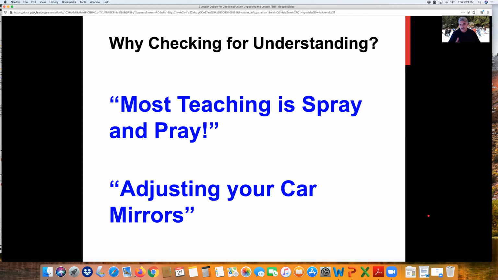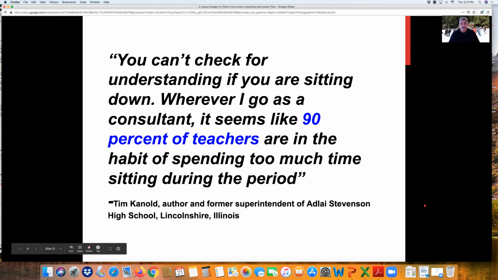It's kind of like adjusting your car mirrors. You're constantly doing it, looking back, moving it, being on task and on target with what you're doing. This saying by this superintendent: you can't check for understanding if you are sitting down. Wherever I go as a consultant, it seems like 90% of teachers are in the habit of spending too much time sitting during the period.